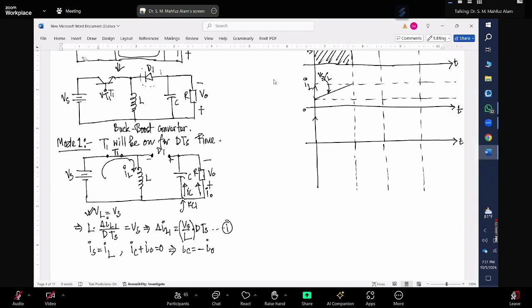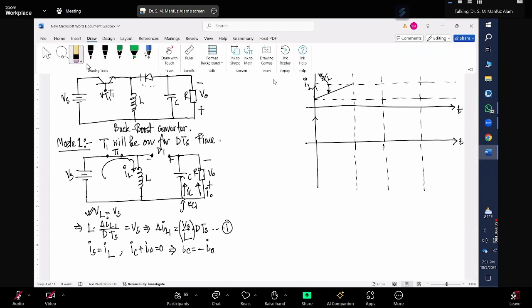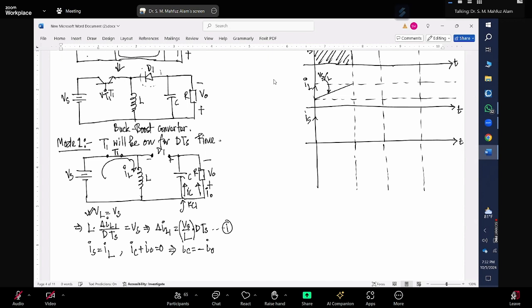So this is my IS. What is the relationship between IS and IL? IS and IL would be the same thing, right? So it will be the same as your IL.